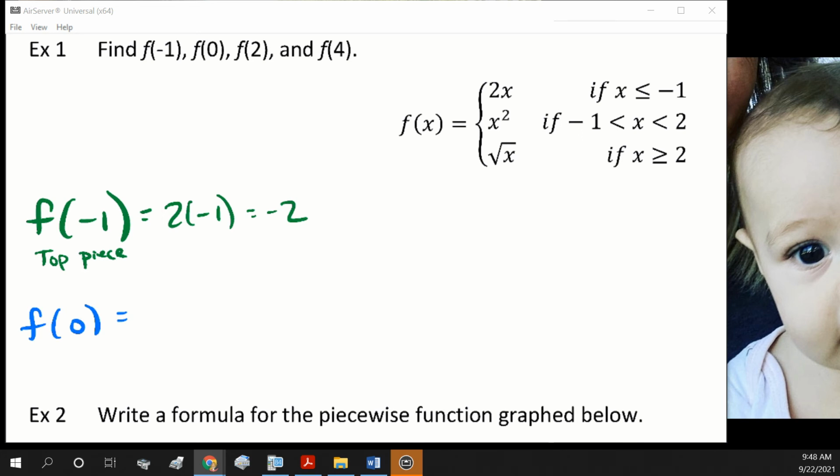So 0 falls into which domain? We're looking at these over here. The middle. 0 is between -1 and 2, so that means we're going to use the middle piece. And the middle piece, we take our x and we square it. And 0 squared is 0.